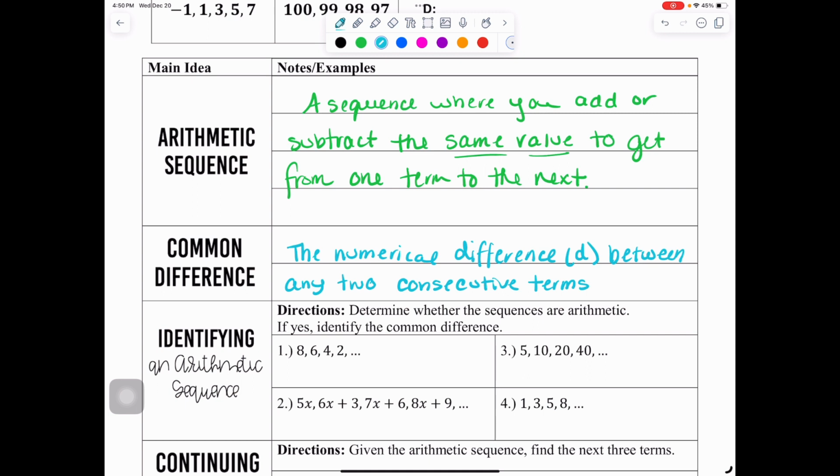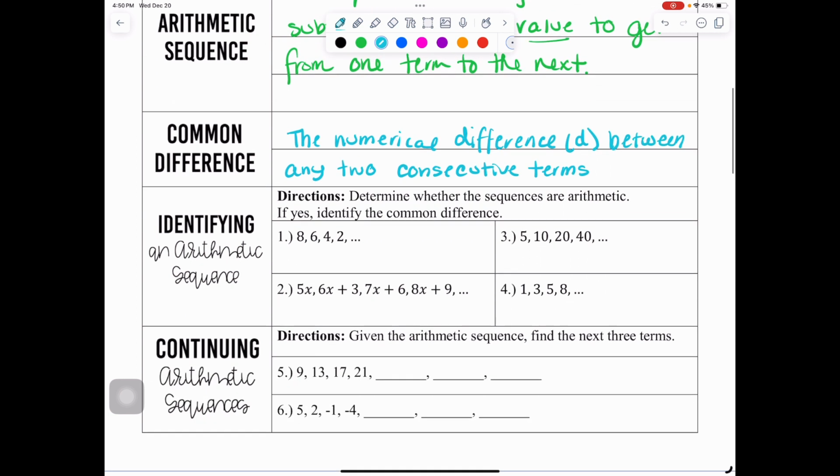So up above where it said you add or subtract the same value every time, that same value is called the common difference. So to start looking at this, we're going to identify arithmetic sequences and then practice extending the pattern.